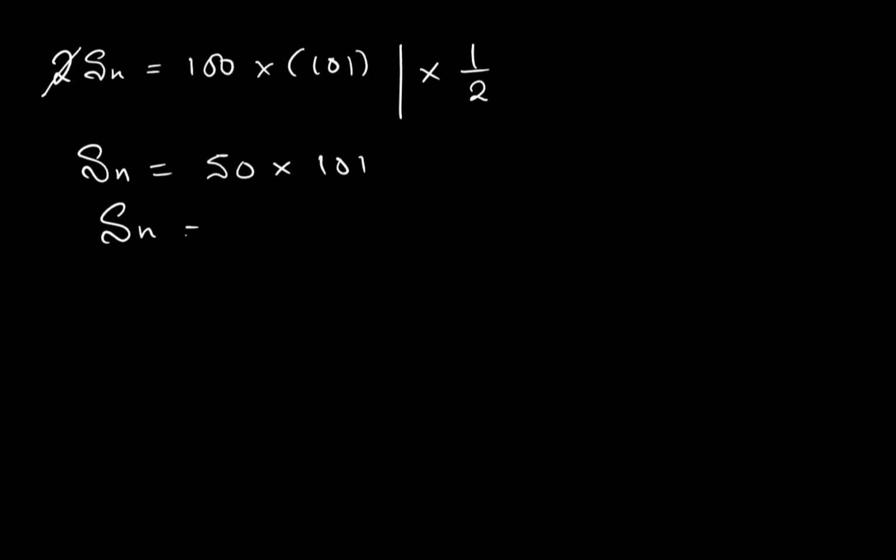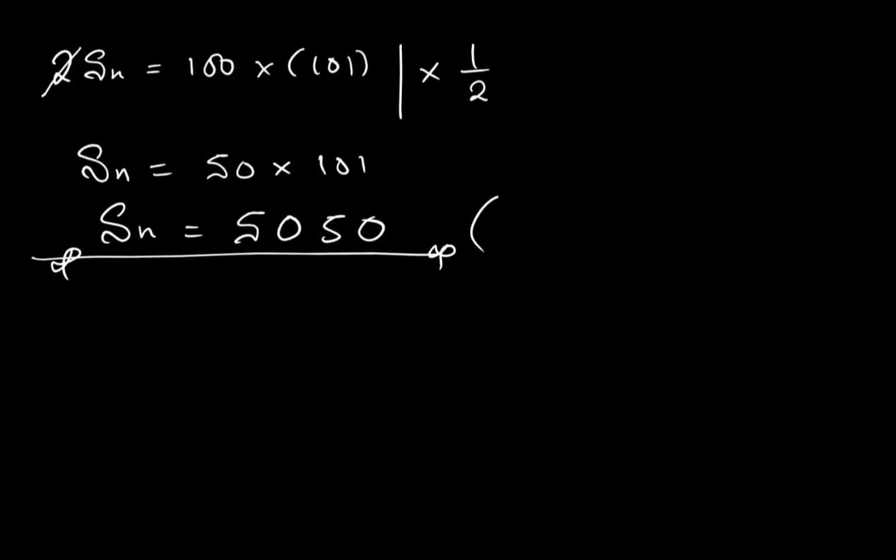So S sub n is equal to 50 times 101, and I have 5050. We're going to have that amount as our sum of the first 100 terms. So this value we're having here is what we're referring to as the sum of the first 100 terms.